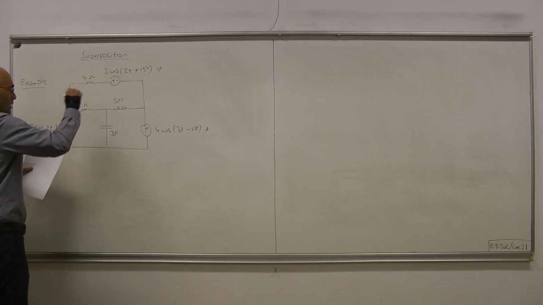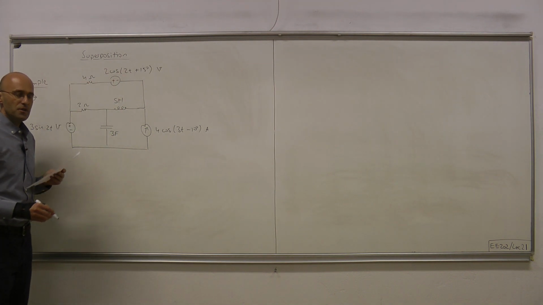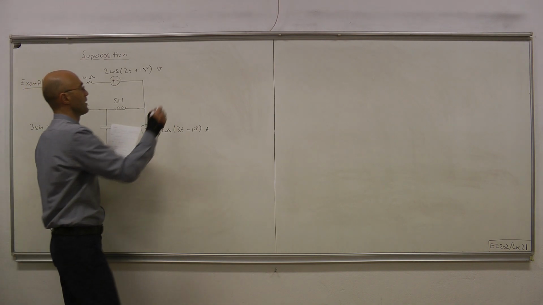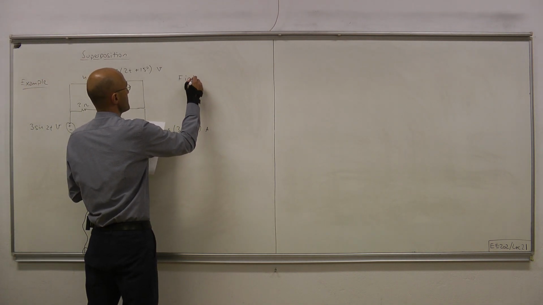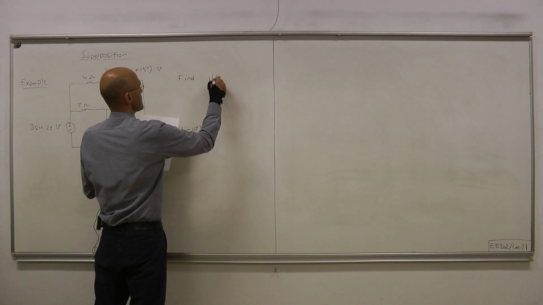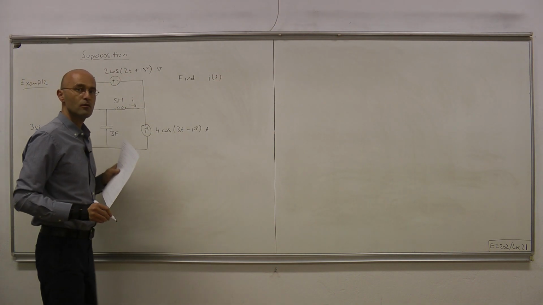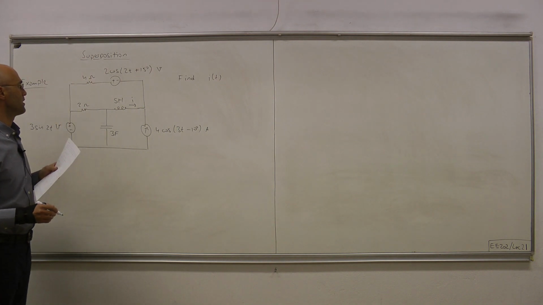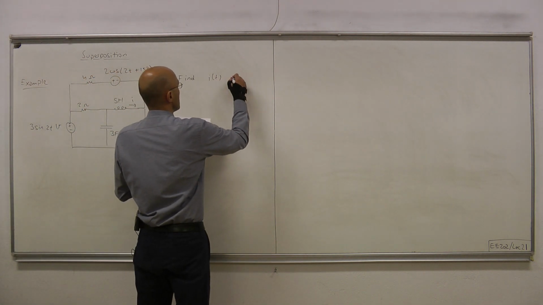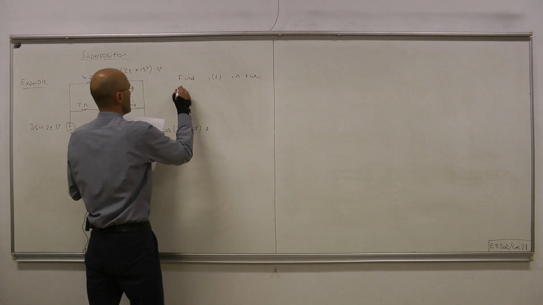Okay, 3 inputs, and the circuit is LTI. What we're asked for is to find the current I(t), which is the current flowing through the inductor in the steady state.